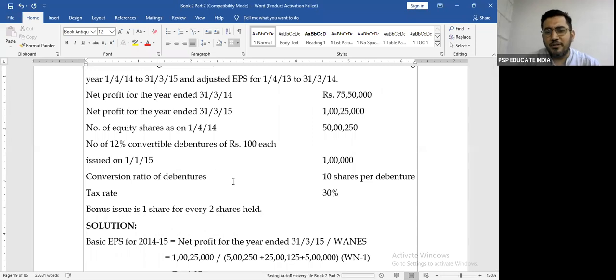I have one more doubt which says, we have issued debentures on 1/1/2015 and are making a provision for bonus. No, we are not making a provision for bonus on 1/4/2014. You're making a mistake over there. We are making a provision, and provision is always made at the end.